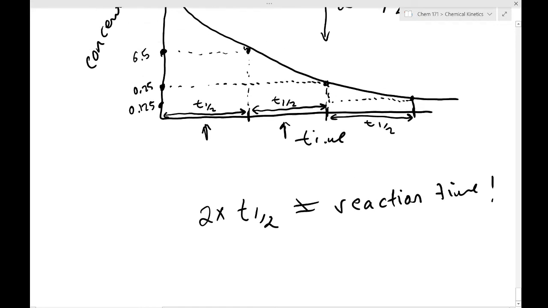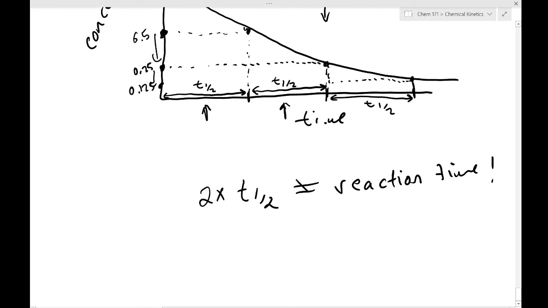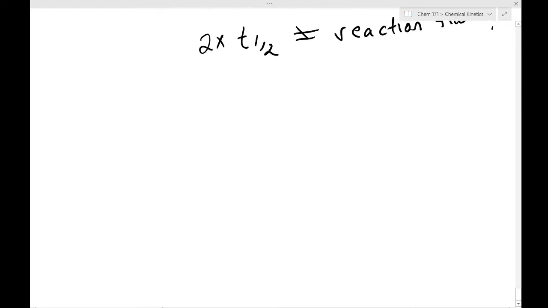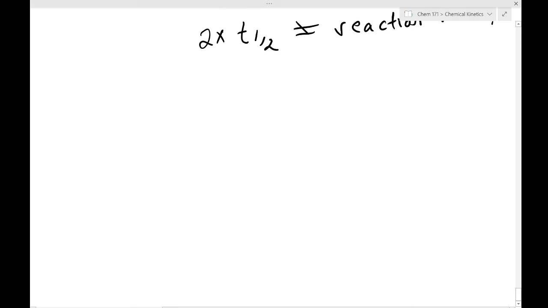This is simply because after you go to half the concentration, you can start over again and go half the concentration again, and half again, etc. So 2 times the half-life does not equal the total reaction time. Sometimes that confuses people. The half-life does not really mean half the reaction time. It just means the amount of time it takes for half of the reaction to react.